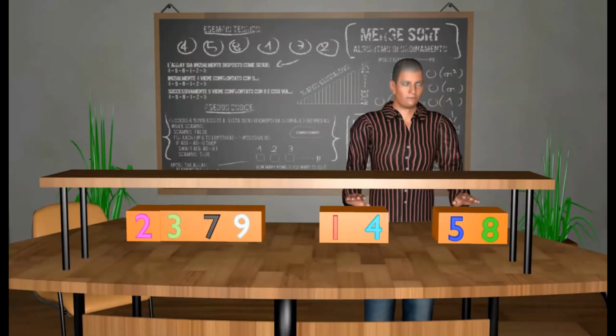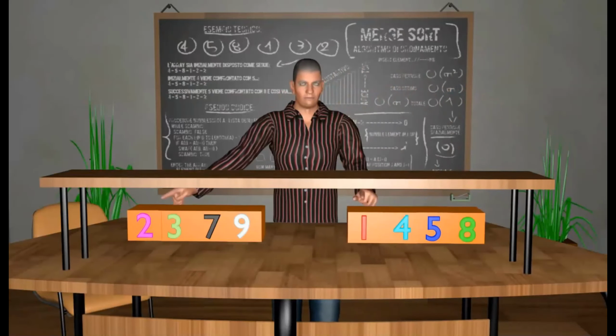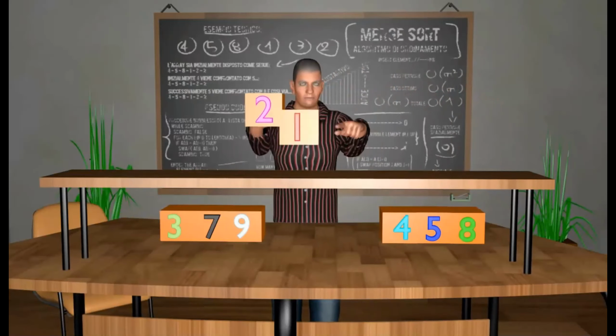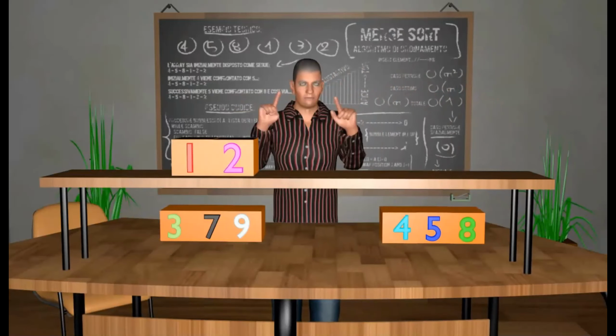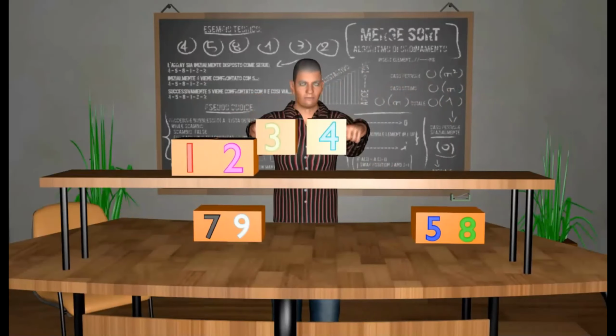And I don't know why he's so delicate putting them all back together, but whatever. Now he's going to merge them. So he's going to decide which one in which set goes first, each merge operation.